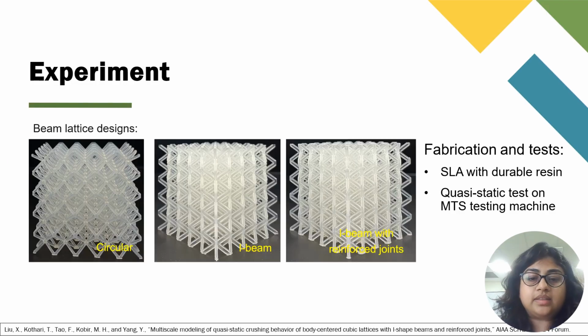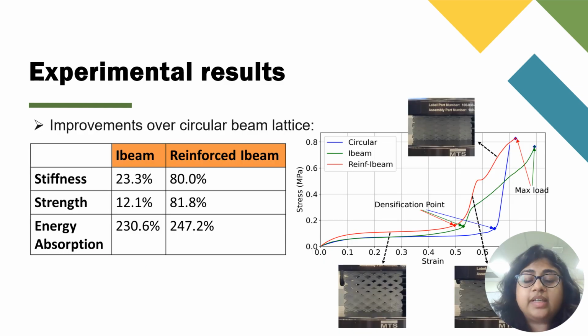The three lattice designs are printed using stereolithography with durable resin, and quasi-static test was done using the MTS testing machine. The experiments conducted on the MTS compression machine provides the stress-strain curve on the right here. We can see the process of compression from the three pictures of the MTS machine.